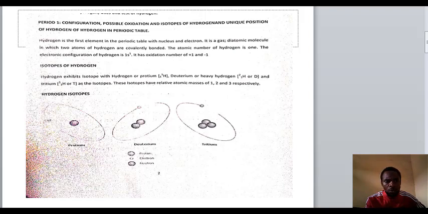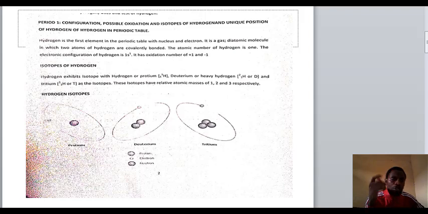As you know, when hydrogen combines with oxygen in 2:1, it gives water. So hydrogen is known as water former. That is the meaning of that Greek word, hydrogen, water former. Hydrogen is a gas, and it is a diatomic molecule.